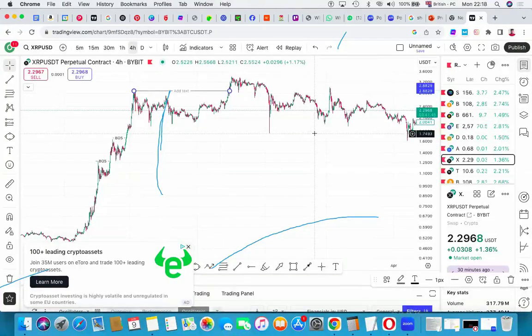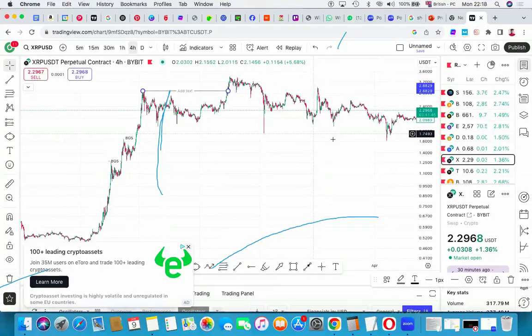If I zoom out, even here, it's still within this range, but definitely from here it's a change in character.